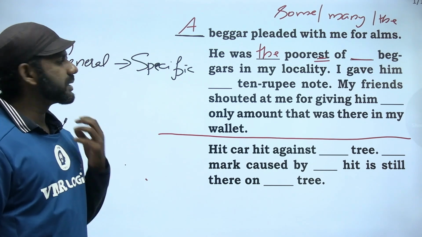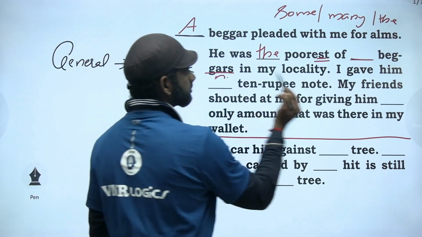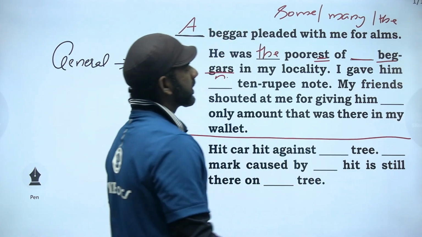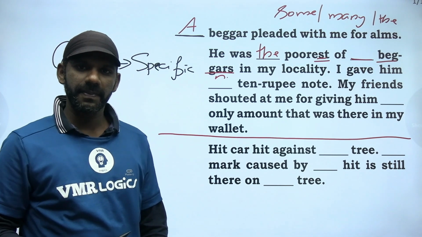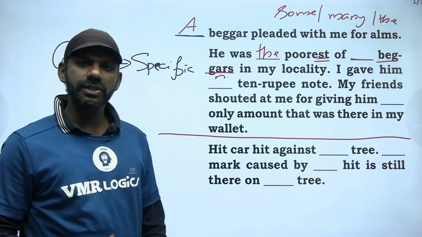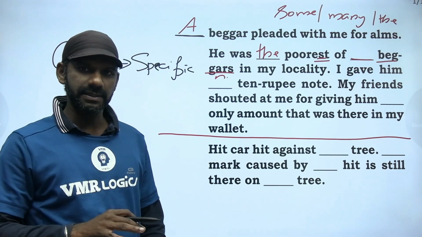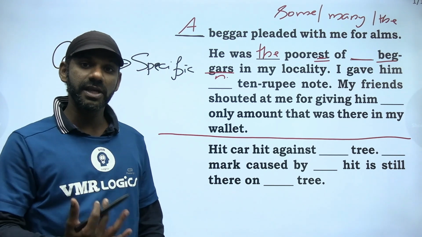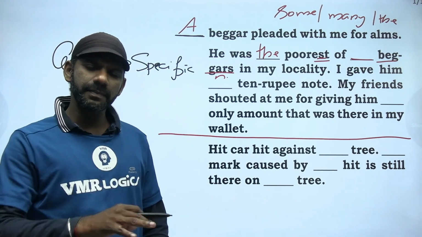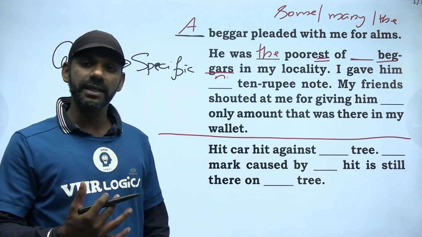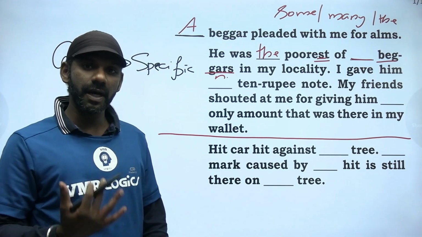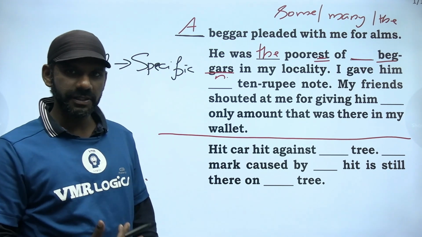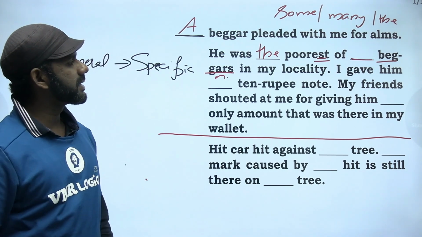Now, beggars is a noun. I told you how to identify whether a noun in a sentence is general or specific. When there is no information given regarding a noun in a sentence, that noun is taken as general. When there is some information given regarding a noun, that noun is taken as specific. Beggars is a noun.